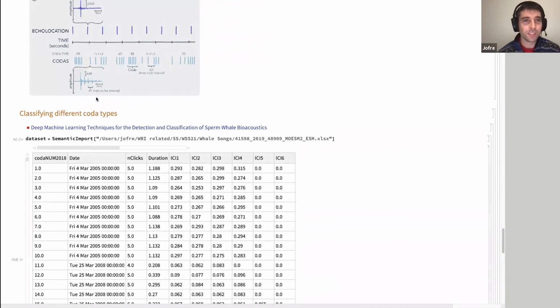But for the others, it's still unclear how they are using them and how they are communicating. It could be that the amplitude modulation for each individual is also relevant. So that's something that they will investigate in the future.